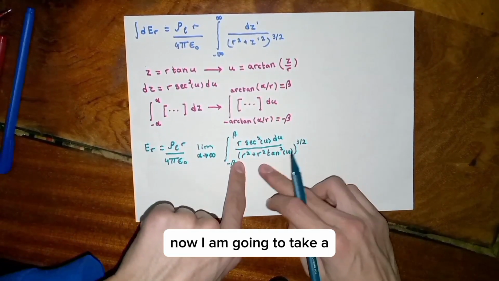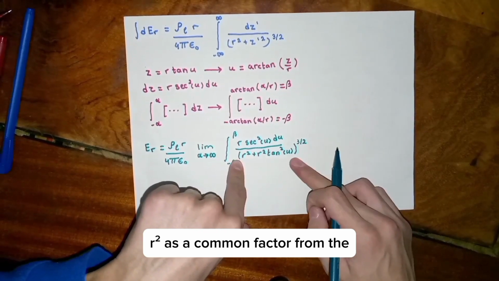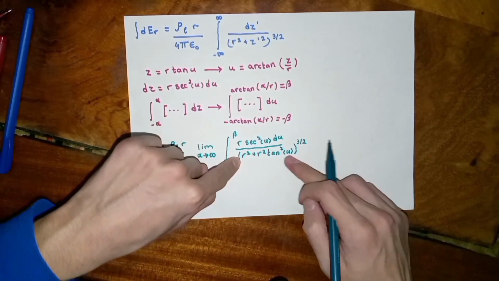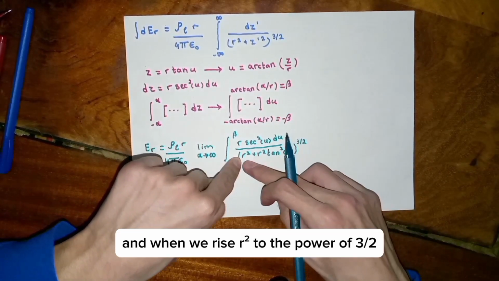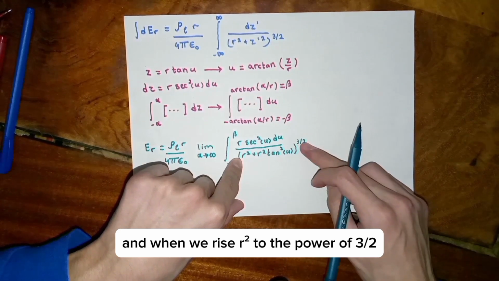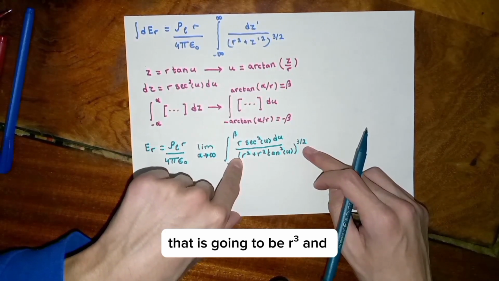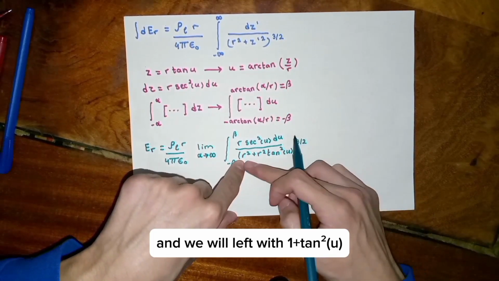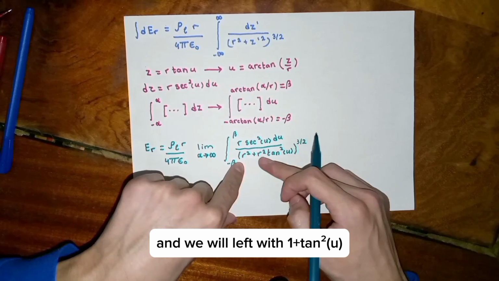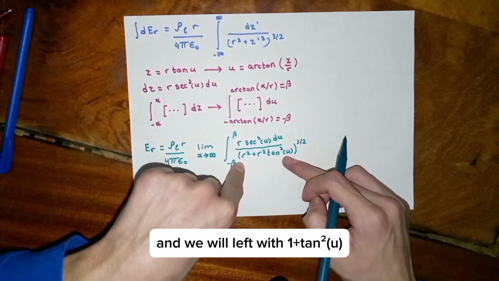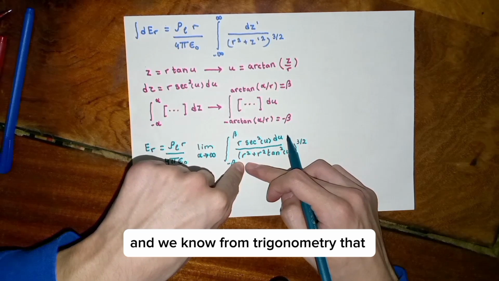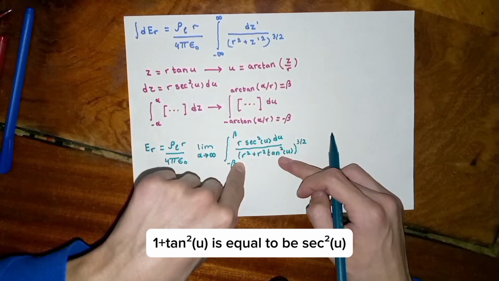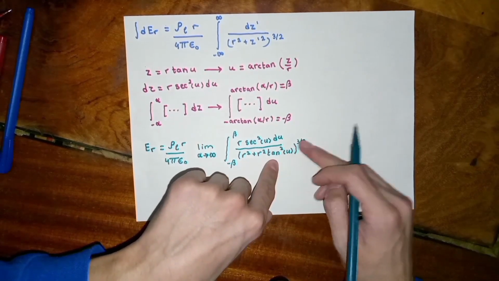Now I am going to take r squared as a common factor from the denominator, and r over r squared. When we raise r squared to the power of 3 over 2, the answer is going to be r cubed, and r over r cubed is 1 over r squared, and we will left with 1 plus tangent squared u. We know from trigonometry that 1 plus tangent squared is equal to secant squared.